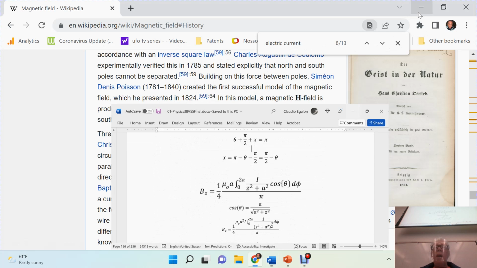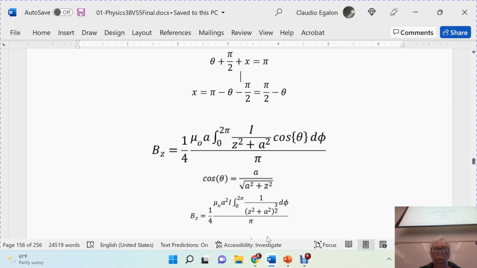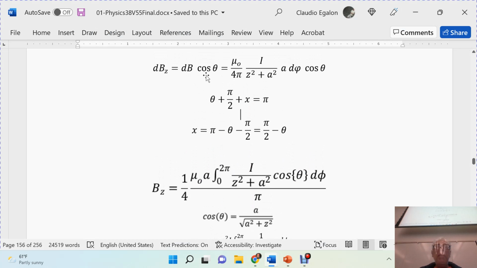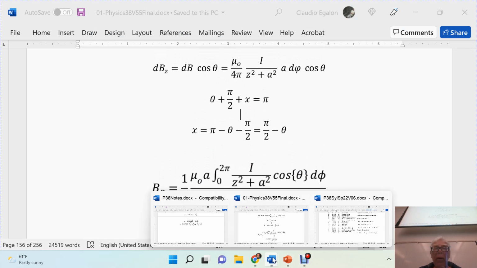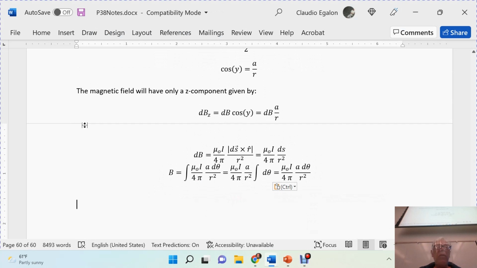Okay, so there is a little mistake here. Let me correct that. The dBz is dB cosine of theta, not this one here. Let me correct that for you. dBz is, here you go, that's what it is. The dB is that thing here.